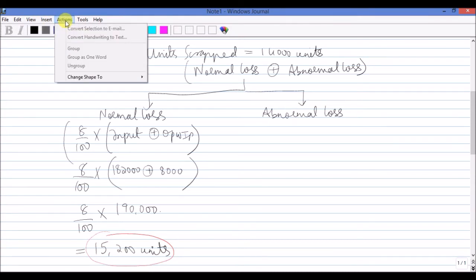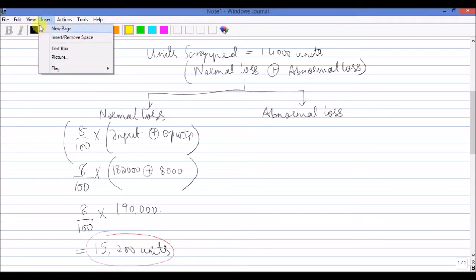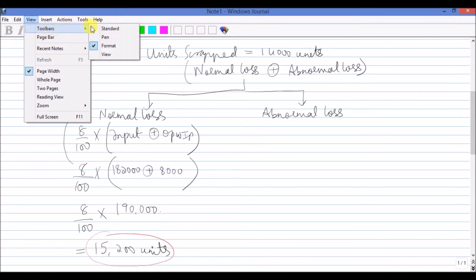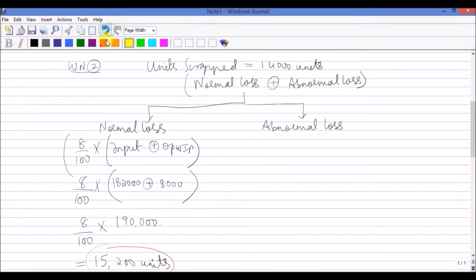Insert, actions, toolbar, standard toolbar. Where has it gone?